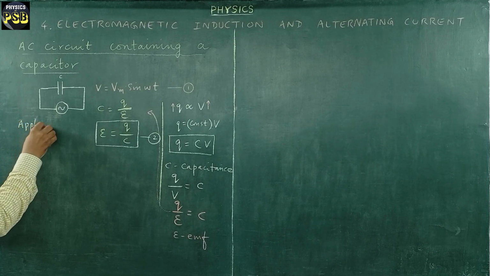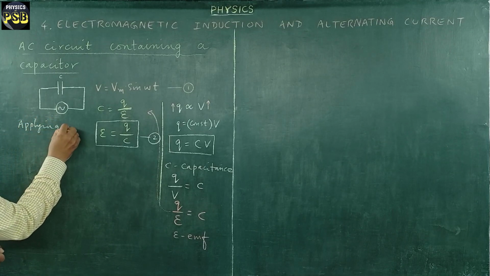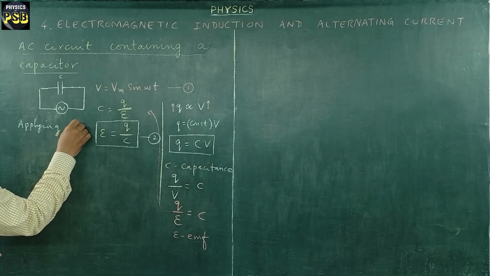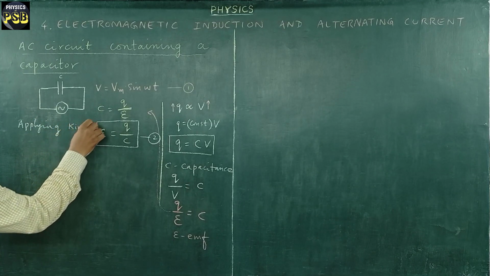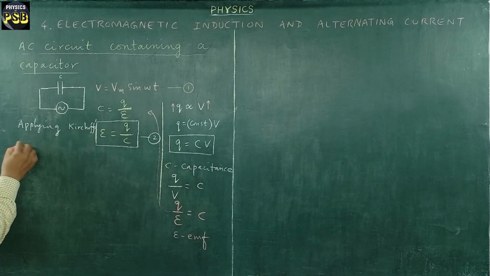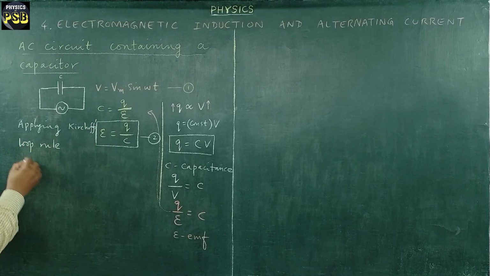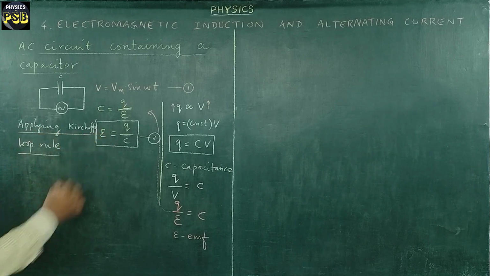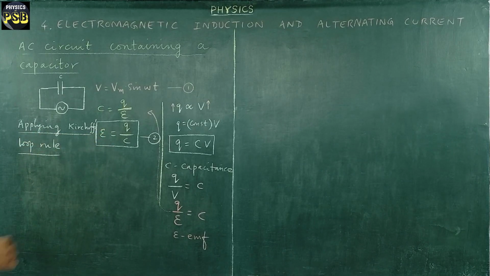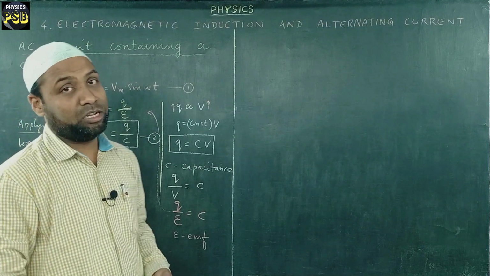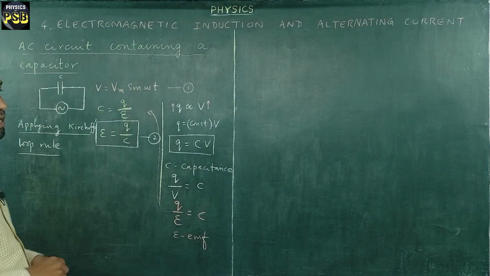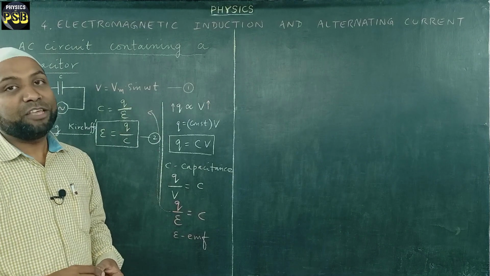Applying Kirchhoff's loop rule, which is otherwise known as Kirchhoff's voltage rule, to this circuit. And what does it say? It says that the total voltage in a loop is 0.